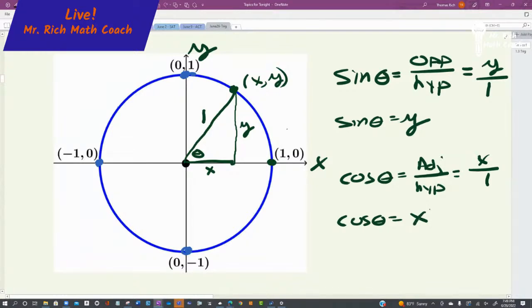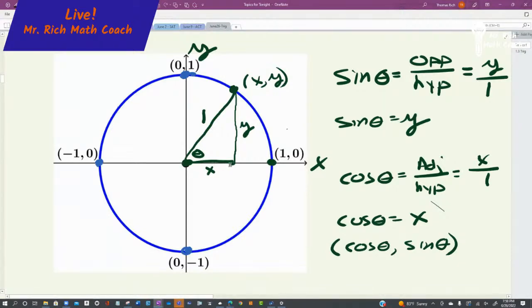That means that any point on this unit circle can be written, instead of (x, y), as (cosine theta, sine theta), by simply substituting x being cosine theta and y being sine theta. All right, and so that is the idea of a unit circle: a circle of radius 1 superimposed on the xy plane, with the center of that circle being at the origin (0, 0).